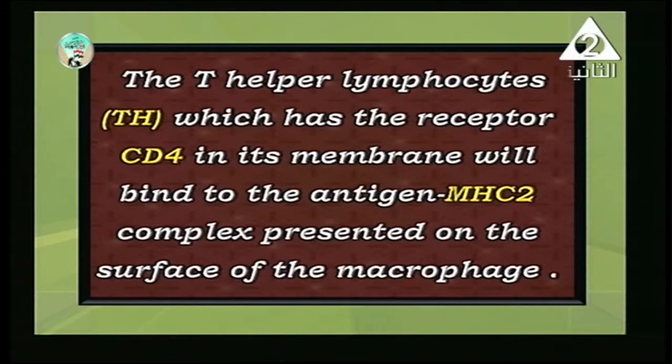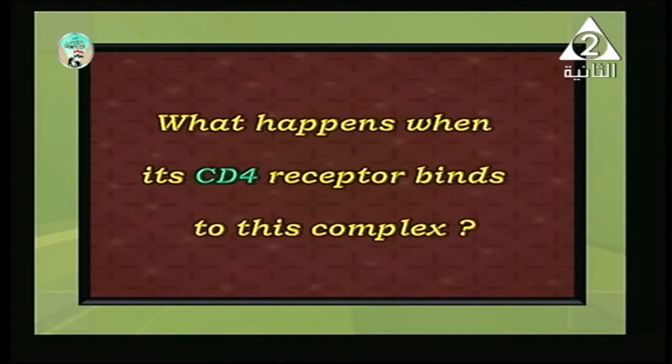The T helper lymphocytes have receptors, CD4, the cluster of differentiation, on their membrane, which bind to this antigen and major histocompatibility complex on the surface of the macrophage. But what happens when the CD4 receptor binds to this complex?